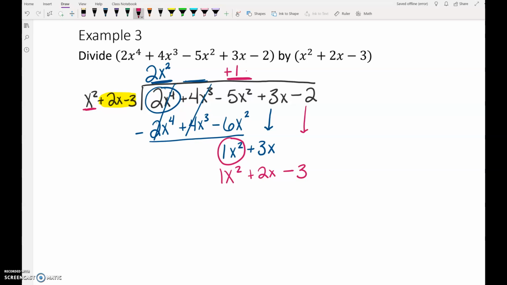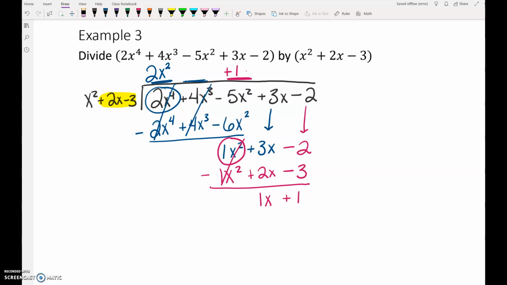Anytime you have a hole, bring down that next number. You don't want to have a hole. You've got something above that you can drop down. Cancels. 1x. And what's this last number going to be? Plus 1.